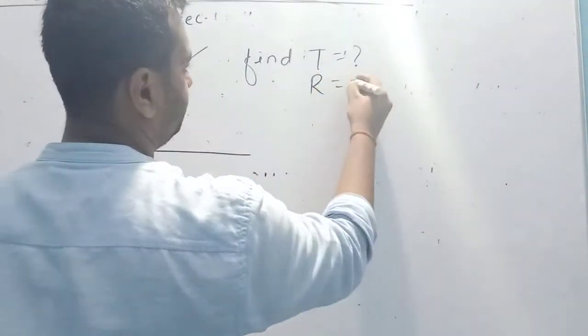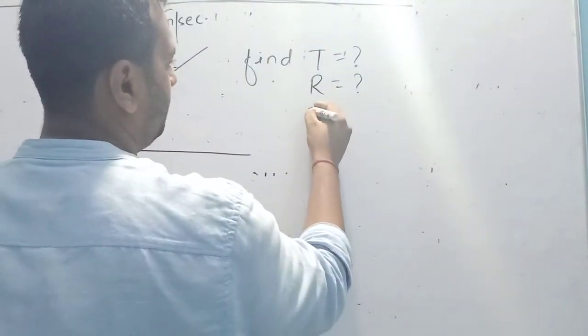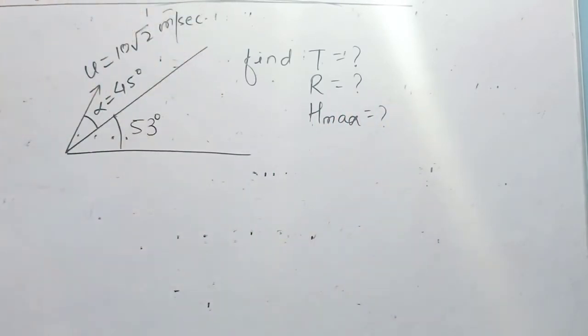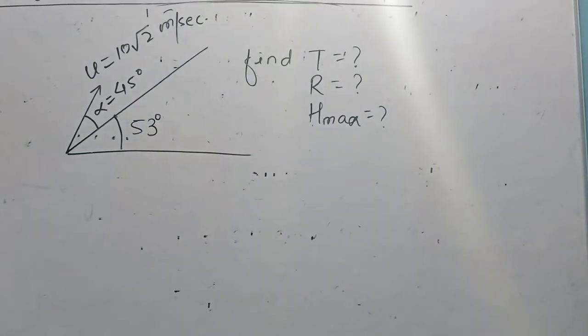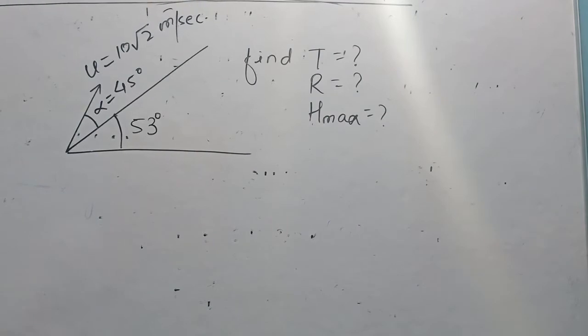Find the range, this also you can calculate, and find the maximum height reached, h max. Look at the question. After that I will discuss top to down projectile. It will not take that much time. Okay, pause the video and solve the question.